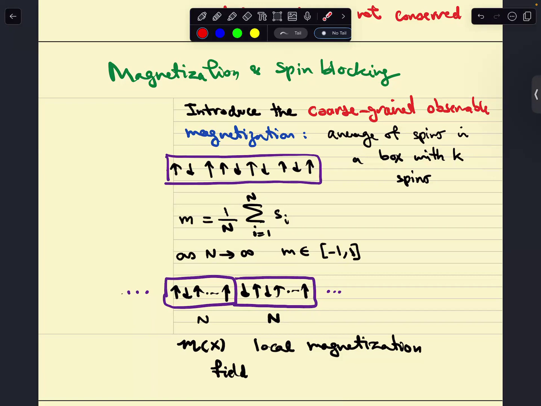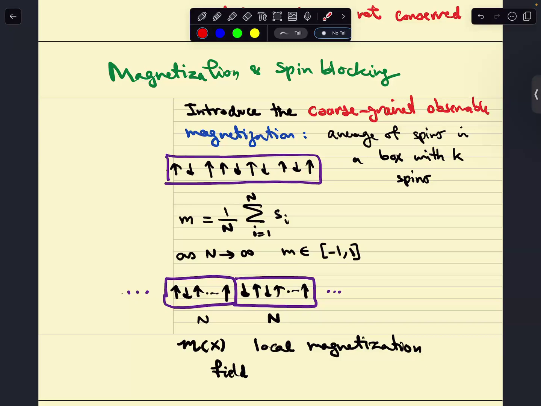Kadanoff said, let's say that I'm only seeing very long distance physics, and the smallest thing I can resolve already includes millions, billions, or maybe trillions of fundamental particles. This is a very realistic setup when we have Avogadro's number of atoms, and in the lab we're looking at a chunk of material with finite microscopes. So the smallest thing we can see might be many, many particles, right?